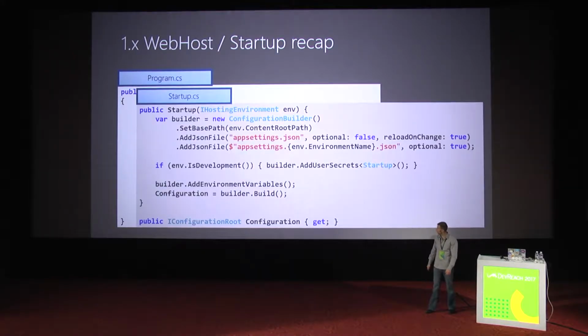Let's take a further look then at the supporting piece here in 1.x, which is your startup.cs file. And for those that aren't familiar with startup.cs, this is what has replaced the global.asax file from the ASP.NET 4.x days. It's kind of the bootstrap file. The same thing was true here. Not a whole lot of this code changes across 1.x applications. It remains pretty much the same. And specifically, let's take a look at the lines up here that call AddJsonFile.